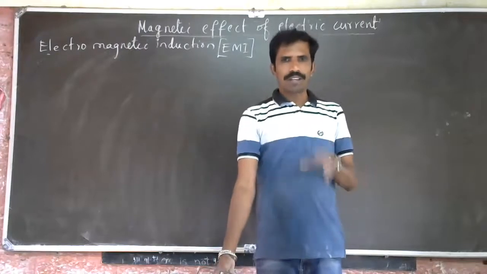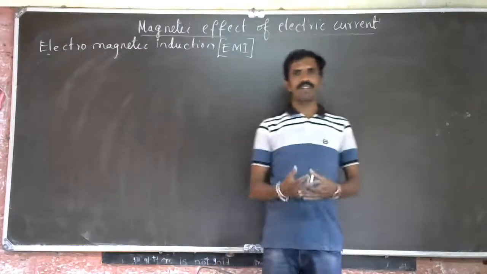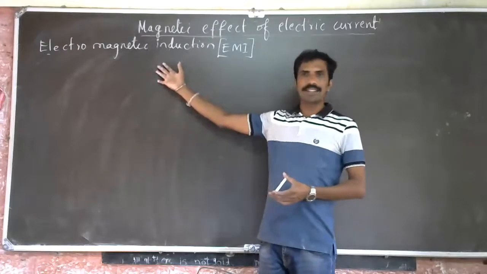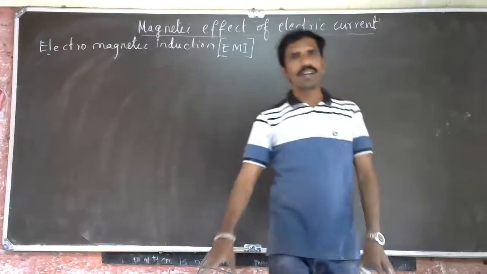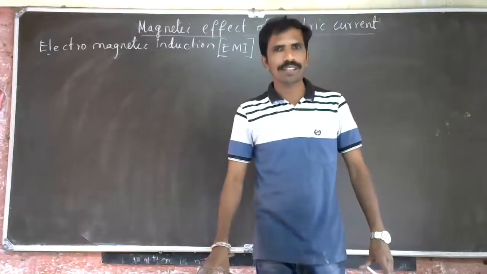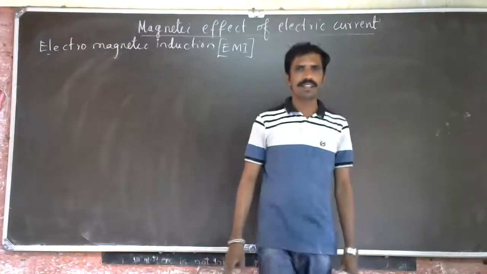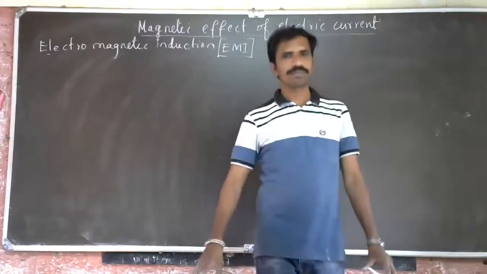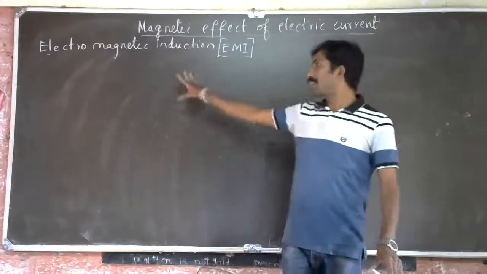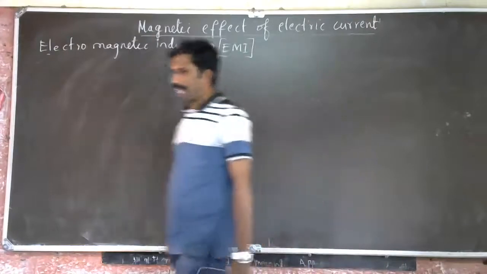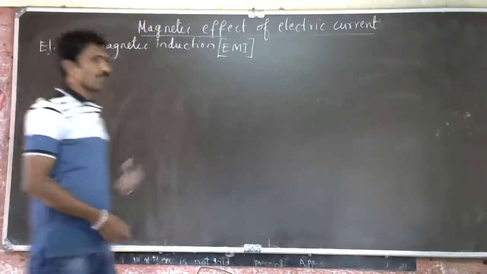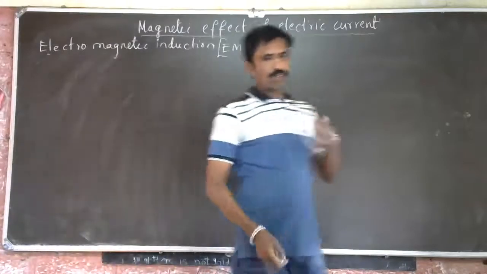He proposed two laws of electromagnetic induction and two laws of electrolysis. Michael Faraday's laws of electrolysis and Michael Faraday's laws of electromagnetic induction. So in this chapter, we go about electromagnetic induction.